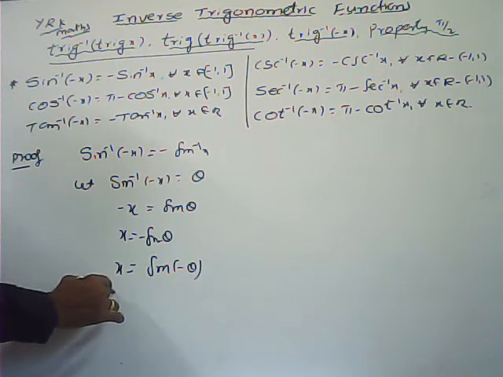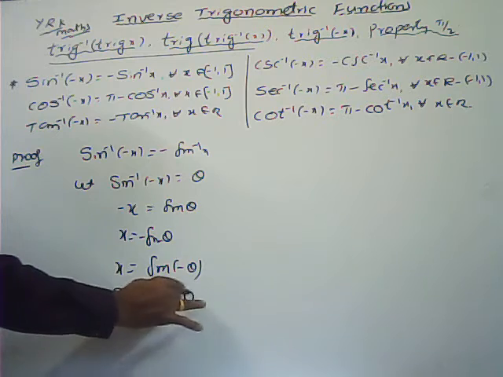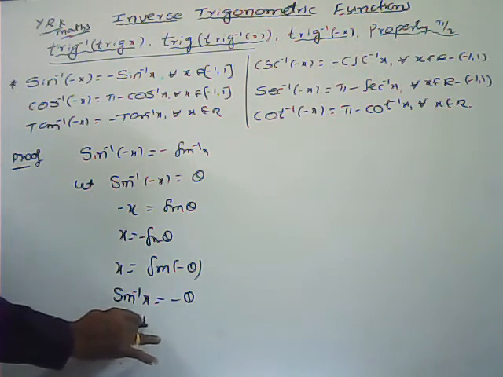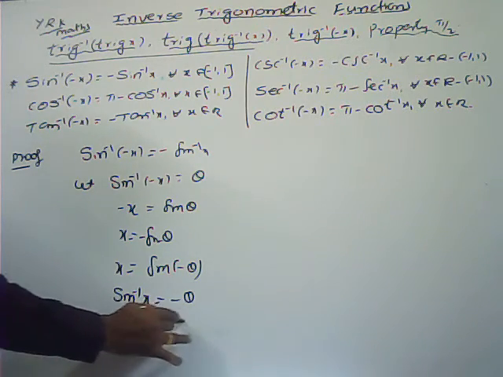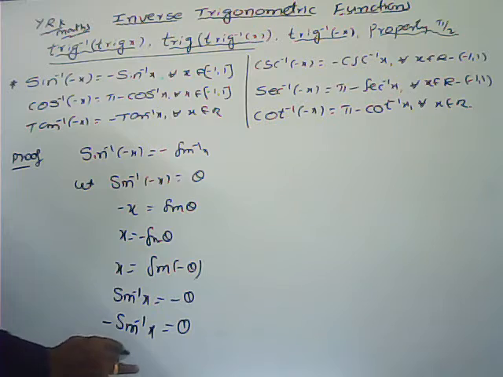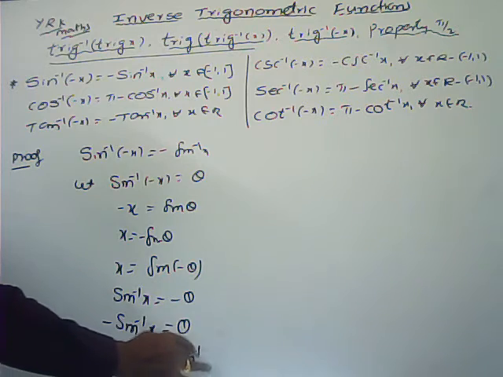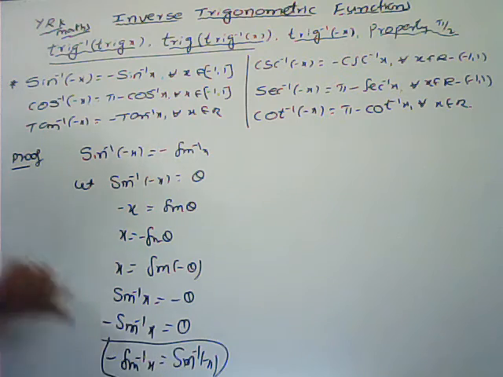So sin inverse of x equals minus theta, that is, minus sin inverse x equals theta. What is theta here? Theta is equal to sin inverse of minus x. So sin inverse of minus x we can write as minus sin inverse x in that restricted domain.